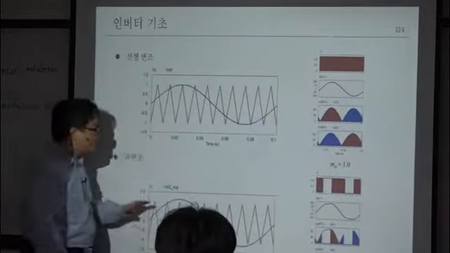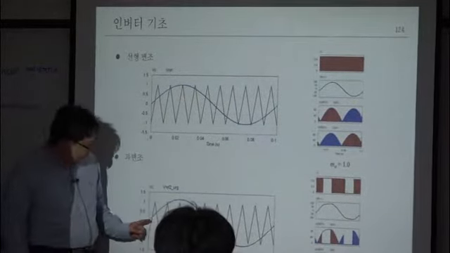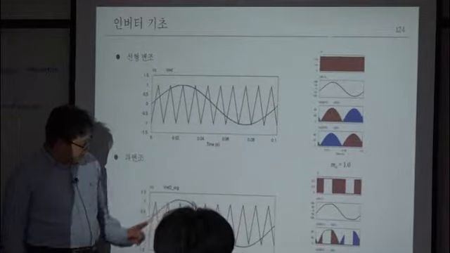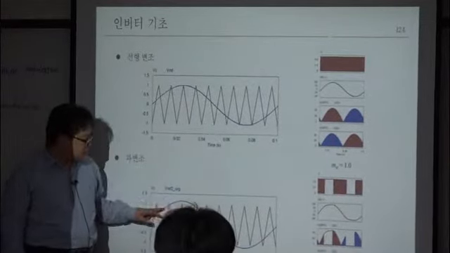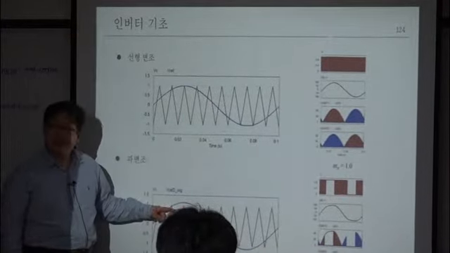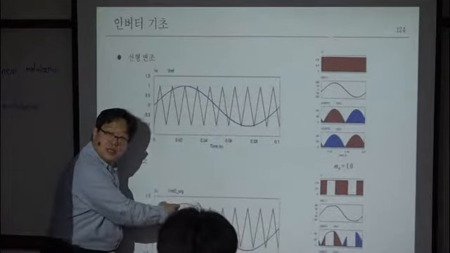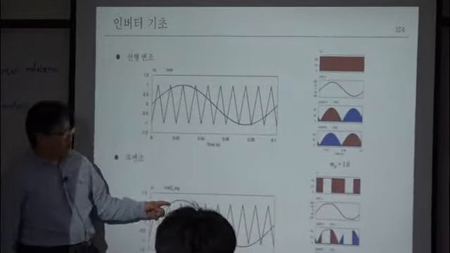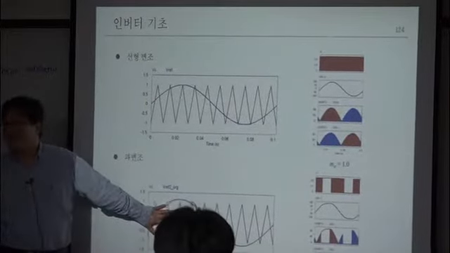But in the overmodulation region, as you can see here, your reference is larger than your carrier, right? Its maximum just looks like this, right? So you cannot actually implement this part, okay? So in this case, your output voltage is distorted, not sinusoidal.